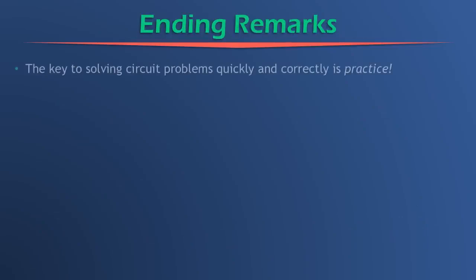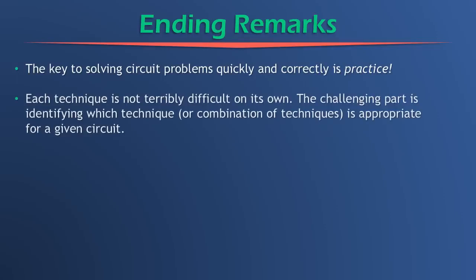Here are my ending remarks for this video. First thing, the key to solving circuit problems quickly and correctly is practice. By far the most important thing you can do is keep practicing. Second thing, each technique that we've learned today is not terribly difficult on its own. The challenging part is really identifying which technique or combination of techniques is appropriate for a given circuit.